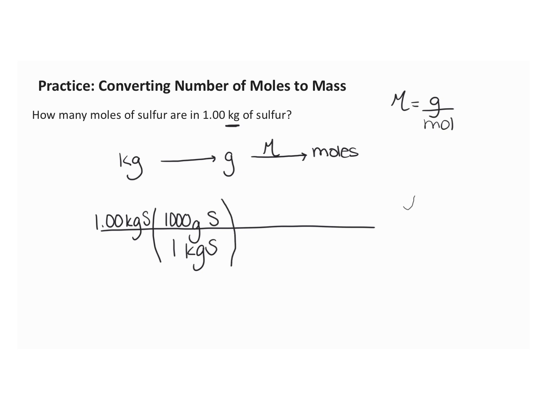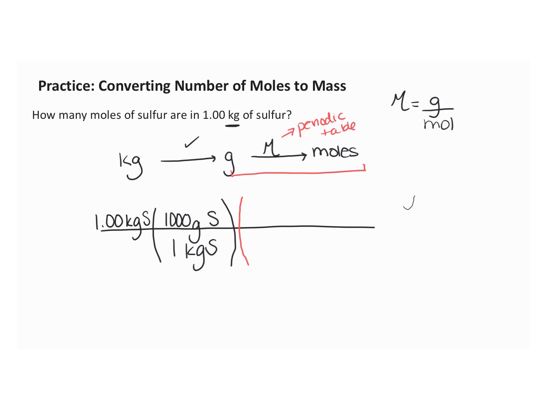Now, you can stop here and calculate this and get 1,000 grams of sulfur if you want. But me, I'm lazy. To do that, you got to write things again, and I just want to work the whole problem. And so I'm going to go ahead, and so we've done this part of the problem. So I'm going to go ahead and focus on this part of the problem. And I'm going to come here and I'm going to say that's great. I'm going to look at the molar mass of sulfur, right? We find this using the periodic table.